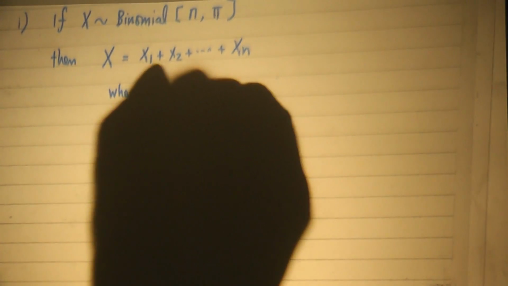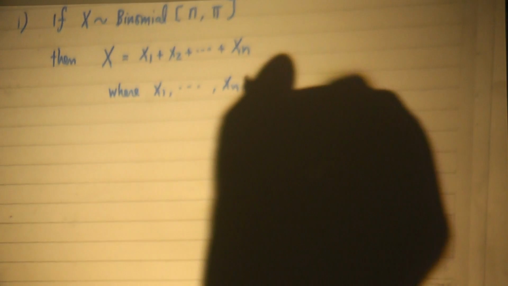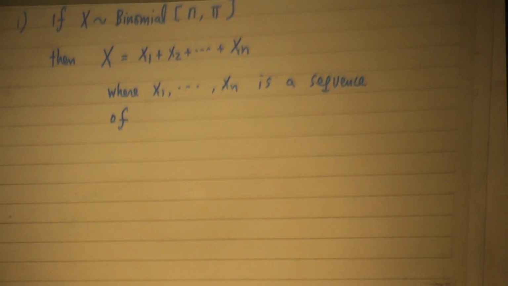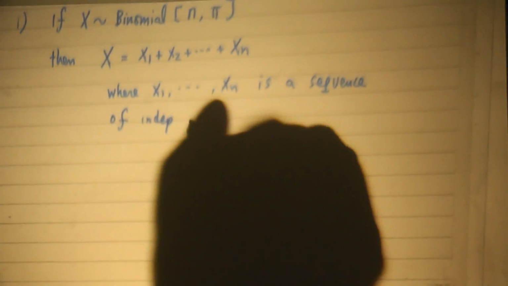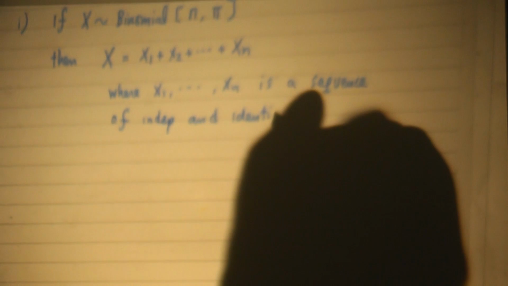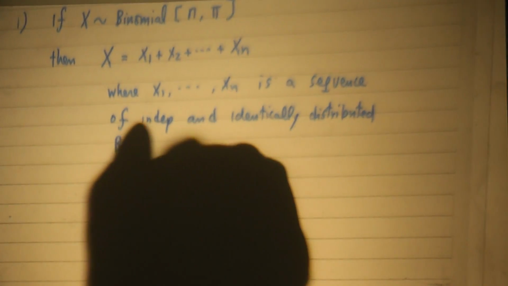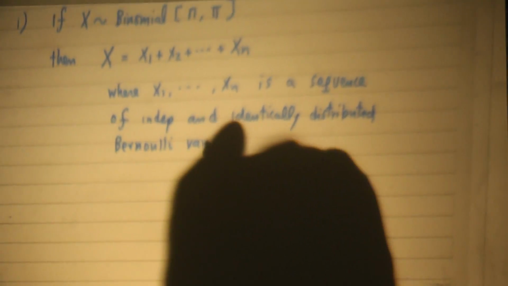If x follows binomial with parameter n and pi, then x is equal to x1 plus x2 plus all the way up to xn, where x1 up to xn is a sequence of independent and identically distributed Bernoulli random variables.